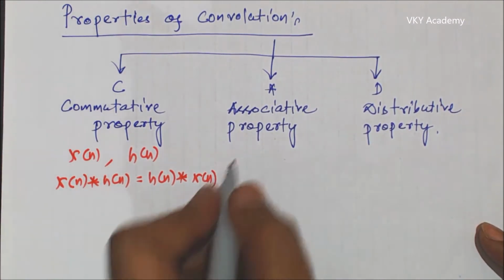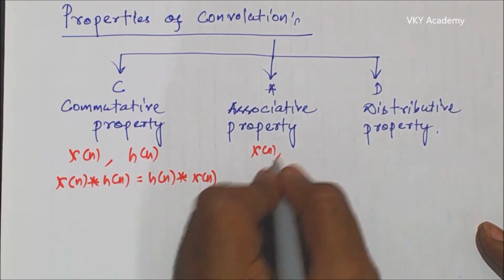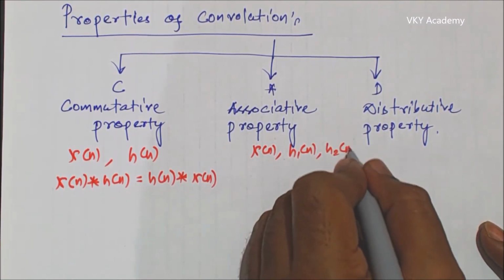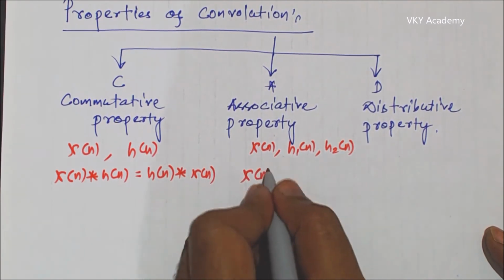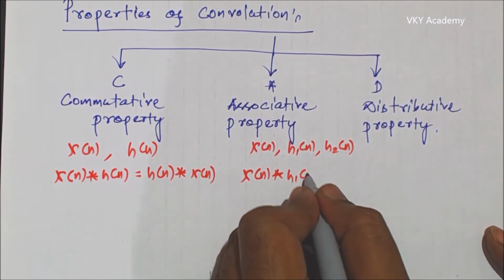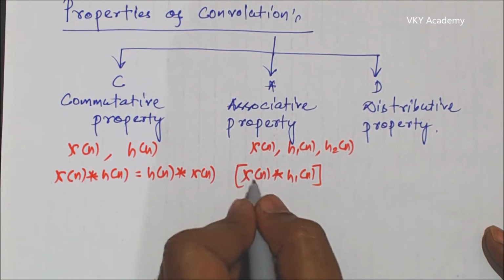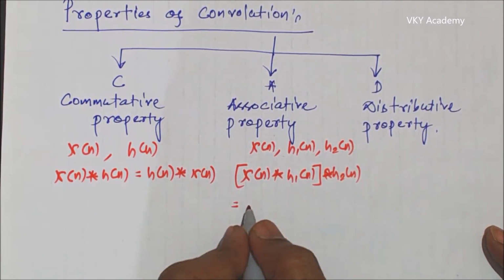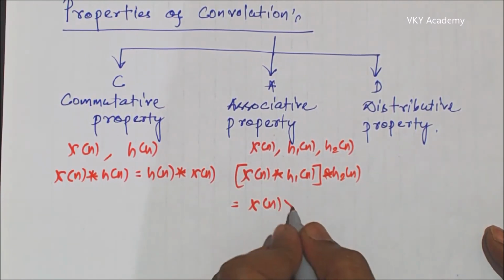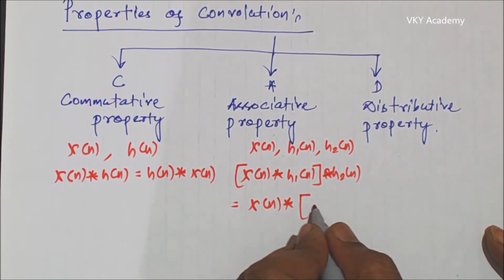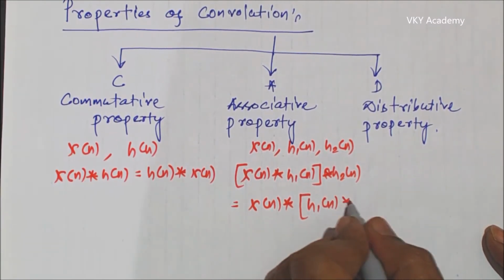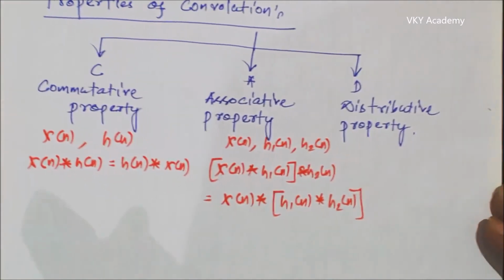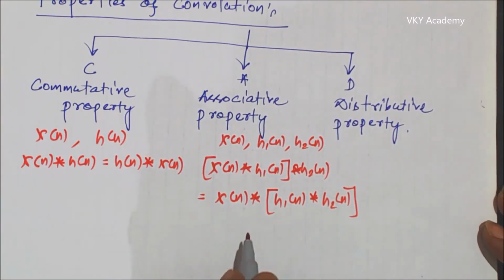What is the associative property? If a discrete time sequence x of n is given and impulse responses h1 of n and h2 of n are given, then x of n convolution h1 of n convolution h2 of n will be equal to x of n convolution, in brackets, h1 of n convolution h2 of n. Now what is the distributive property?